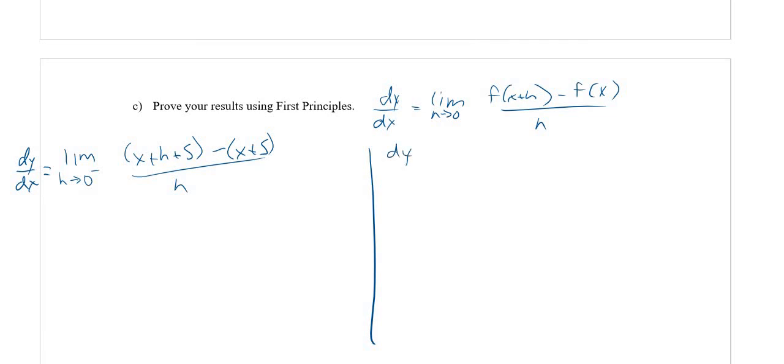And we'll do the same thing from the right. We'll save the other one for just a moment. Let's deal with the first one. We have an x and a negative x, so they cancel. We have a 5 and a negative 5, so they cancel. So we're just left with h over h, which is the same as saying the limit as h approaches 0 of 1, or just 1.